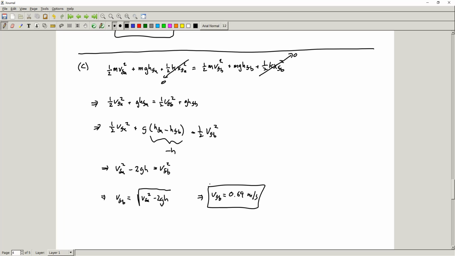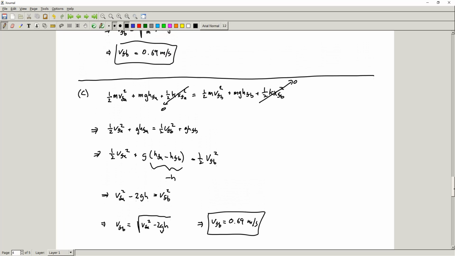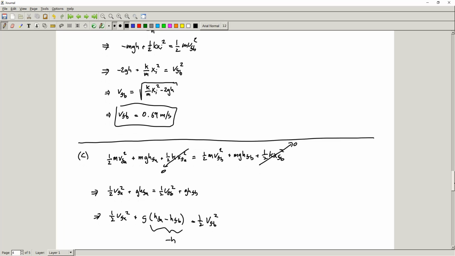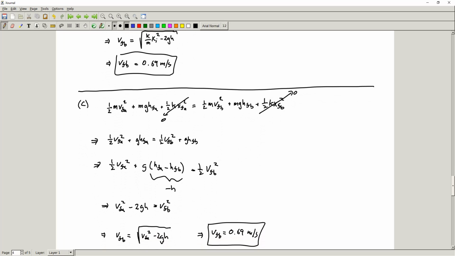So this is good. This was a good double check that this equation works everywhere. We expected to find the same velocity, and we did. We found the same velocities at point final B, no matter how we did this.